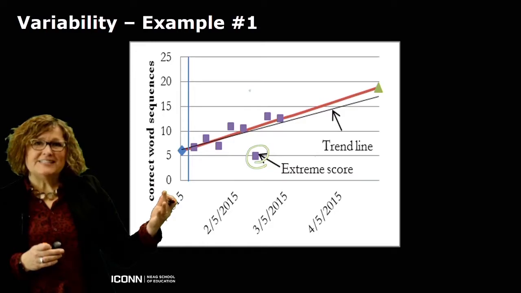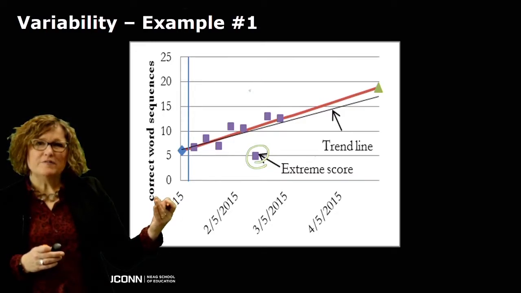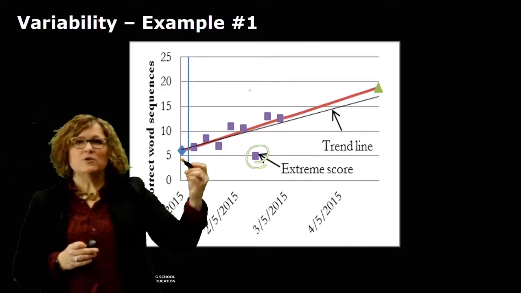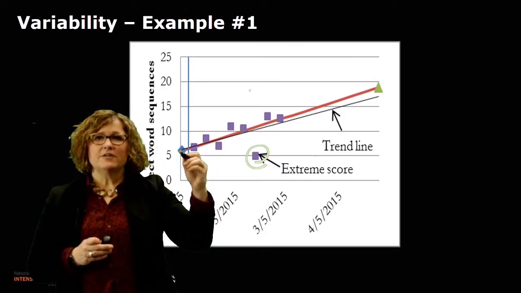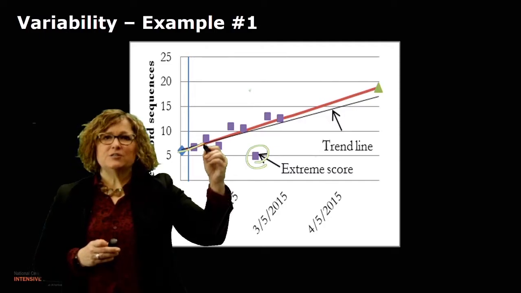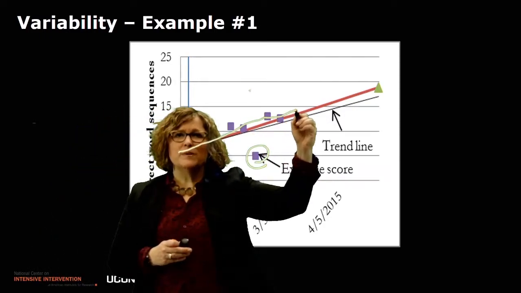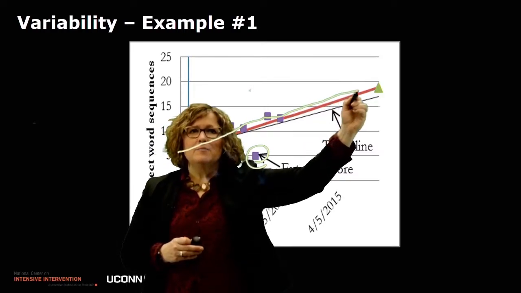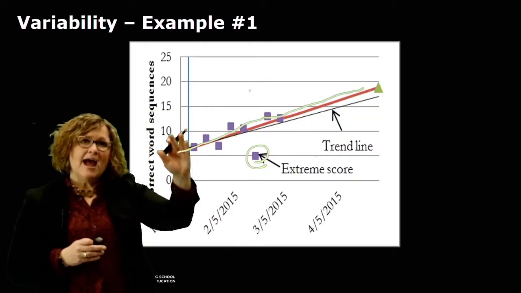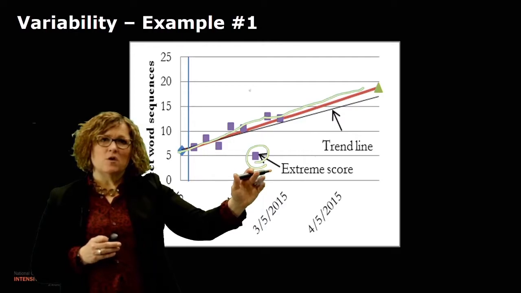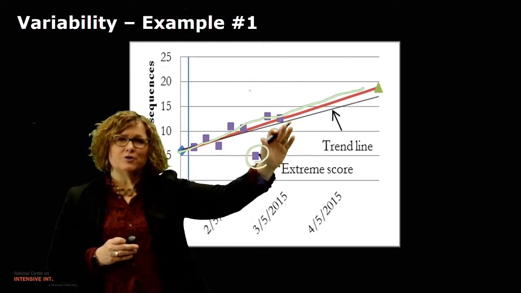In this case, if you remember where the trend was before for this example, in our other example, it was actually sort of right on the goal line, just slightly above the goal line. Now, this extreme score has actually pulled our trend down.